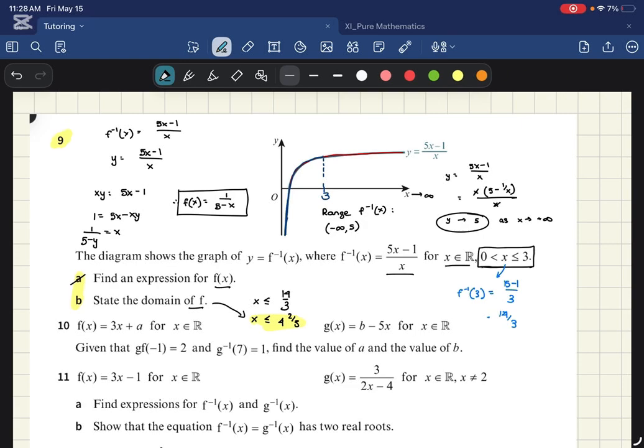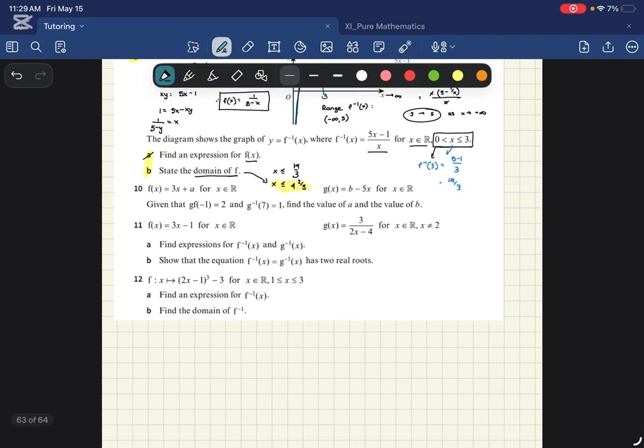But then when we consider this domain restriction, we see that my range for this f inverse graph is going to be less than or equal to 14 by 3, which is 4 2/3, right? So this range for my function is going to be the domain for my inverse function. So the inverse of the inverse function is just my f. So that is why this is the domain of f.